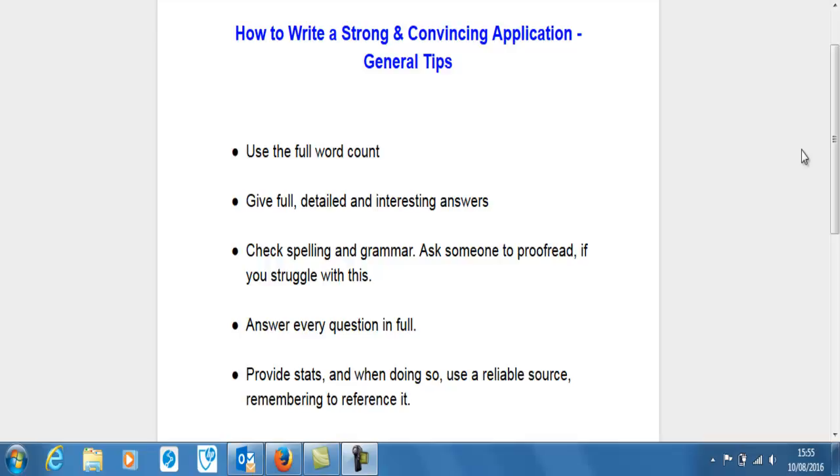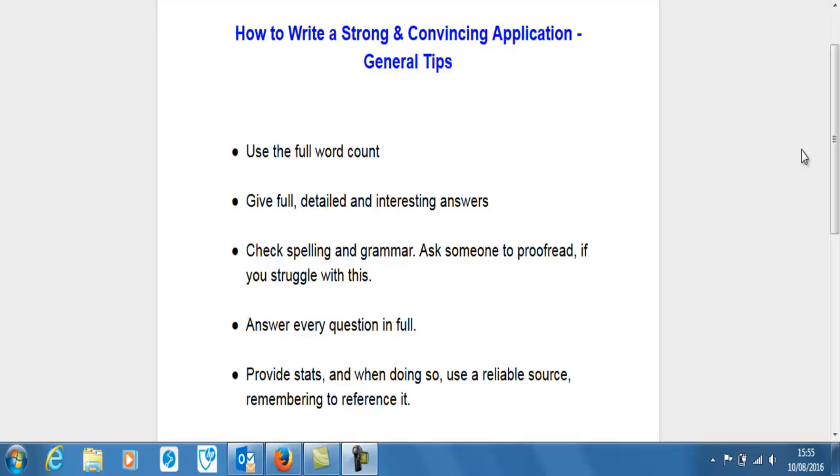I suppose that's the way it's interpreted by people who are judging it. So if you are given the opportunity to use 250 words, make sure you use all of them, because that demonstrates to the people judging it that you really care and you've put a lot of effort into this application and given as much detail as you possibly can.